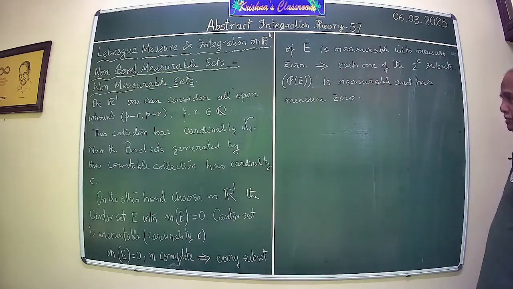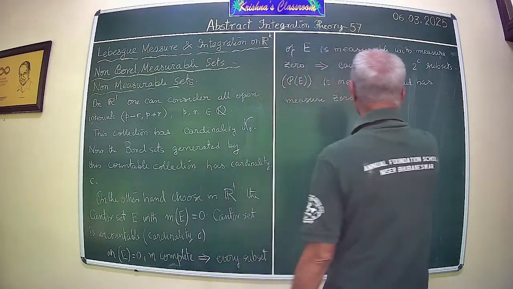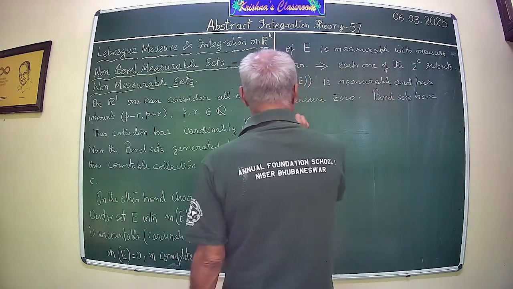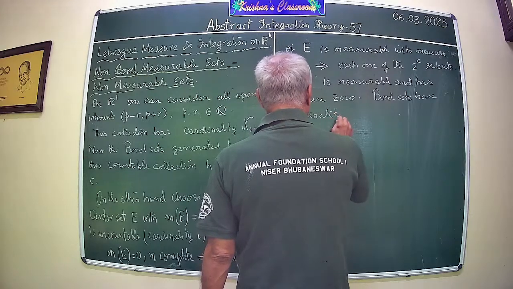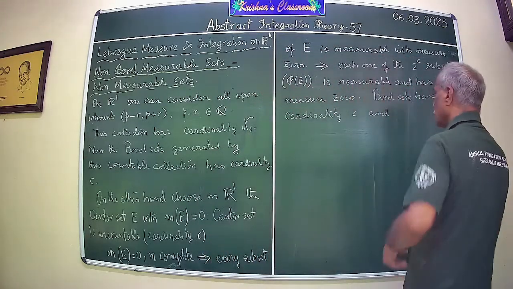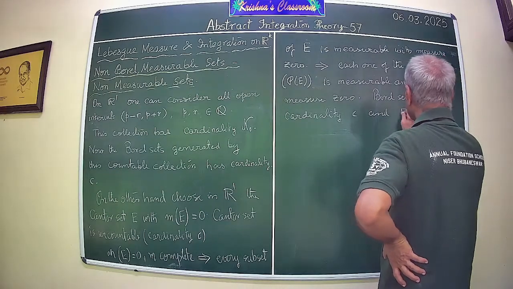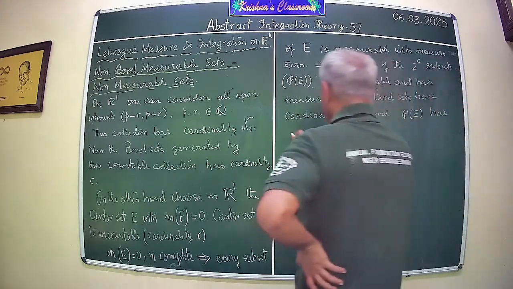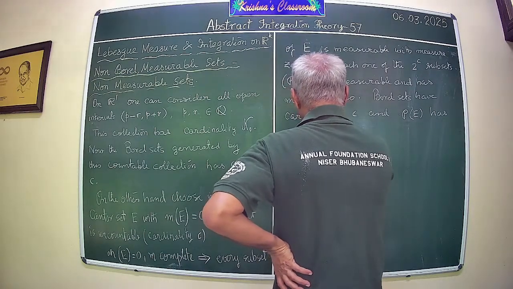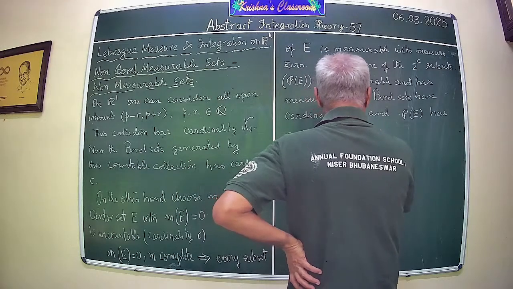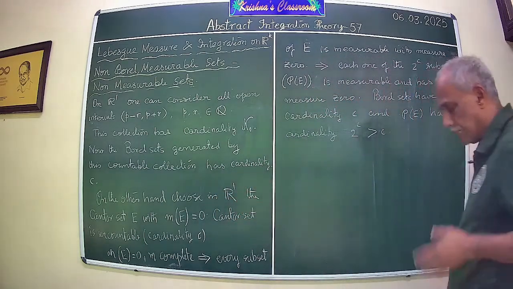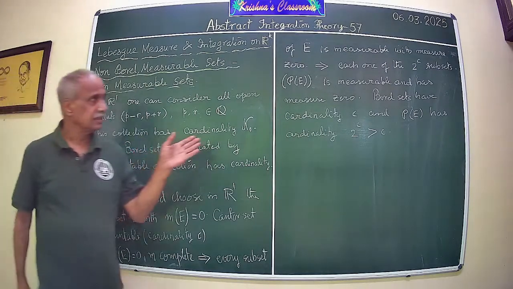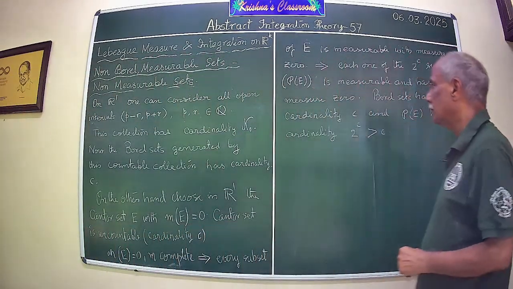We have already some information about the Borel sets. Okay, Borel sets have cardinality C, and E has cardinality 2 to the power C, which is greater than C. That means there are more Lebesgue measurable sets than the sets in the Borel class.